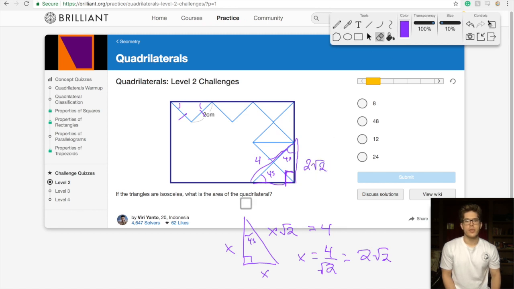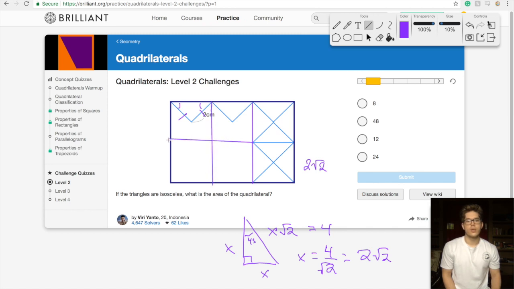So let me do some erasing. What else do I see? Well, I see that if we add some lines, this rectangle can be split into 6 squares. And we just found the length from here to here, so we can find the area of this square, 2 root 2 times 2 root 2.